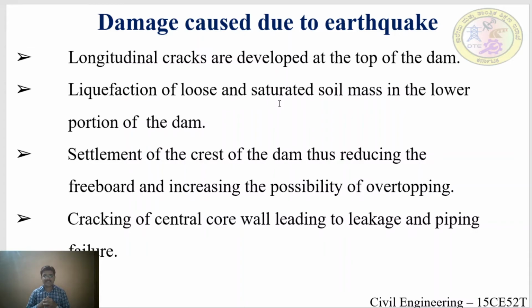Due to this, settlement of the crest of the dam occurs, reducing the freeboard and increasing the possibility of overtopping of the earth dam. And cracking of the central core wall leads to the leakage and piping failure of the earth dam.